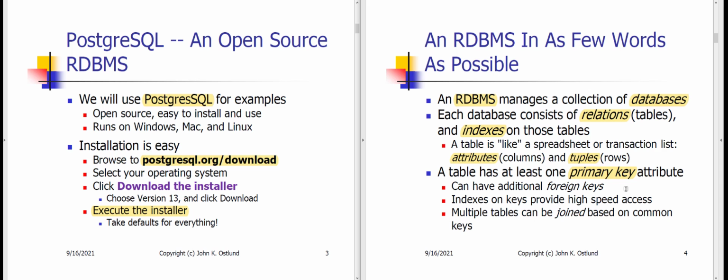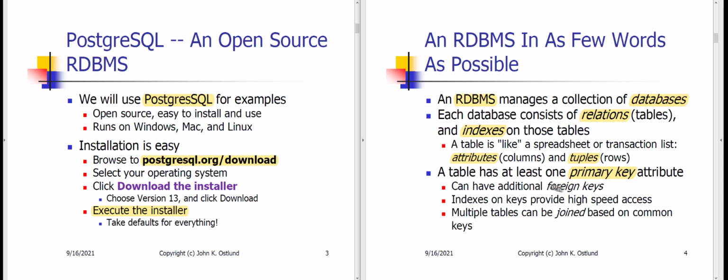In the relational database system philosophy, each table has to have one so-called primary key that distinguishes each tuple from the others. It's a unique identifier for each individual tuple within the table.